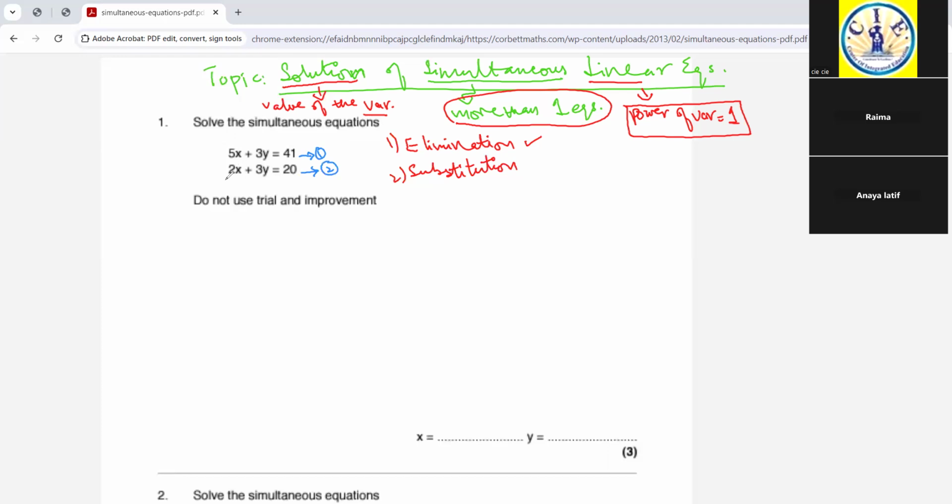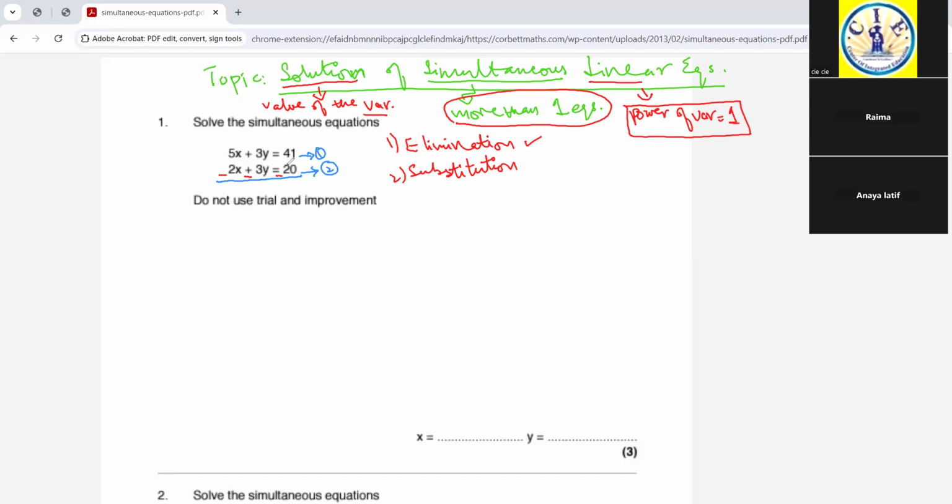If we subtract the second equation from the first one, what would happen? Its sign would change to negative, and the sign of constant 20 will also change, to negative 20.